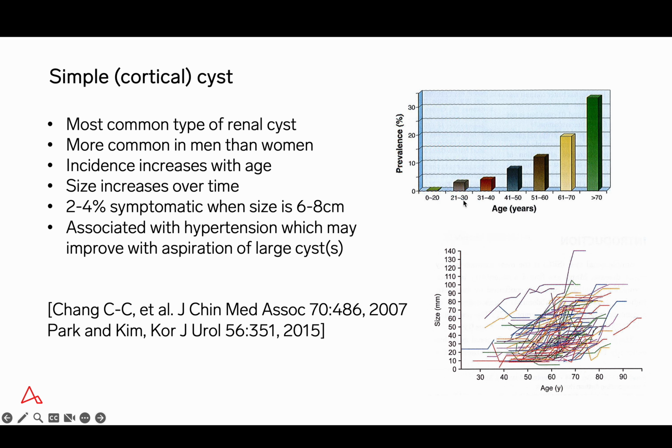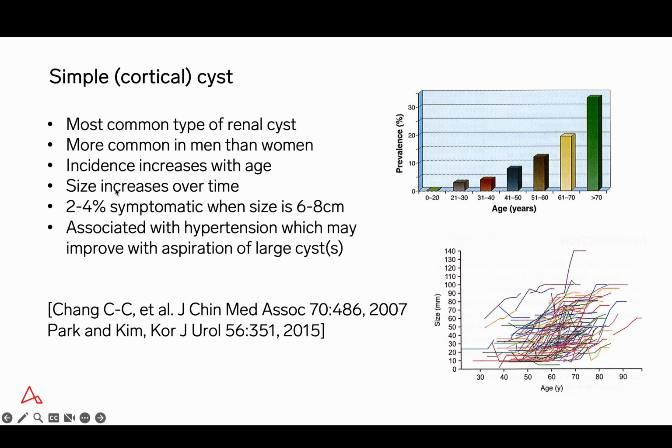And this age increase is shown in this graph here in the upper left, where we can see ages listed at the bottom, prevalence of simple cyst formation here on the left, and you can see once an individual achieves an age of around 40 to 50 years of age, the incidence of a simple cortical cyst begins to increase rapidly. And by individuals over the age of 70, a large fraction of patients will have at least one simple cyst.